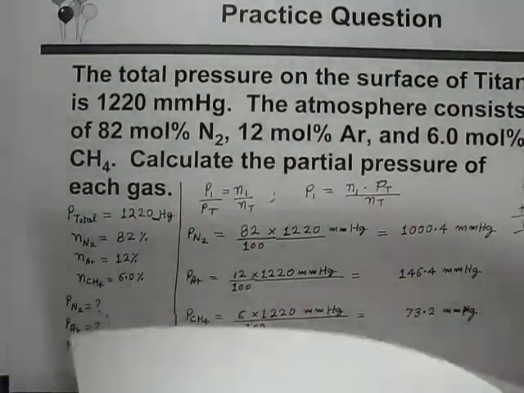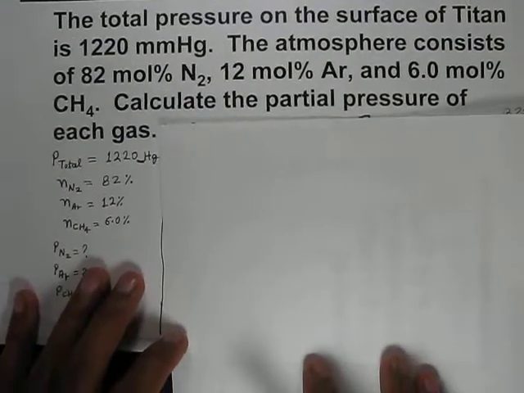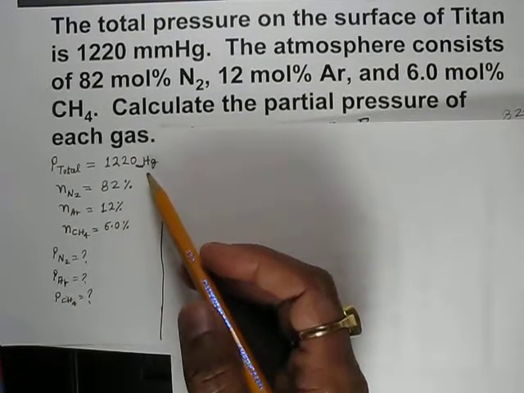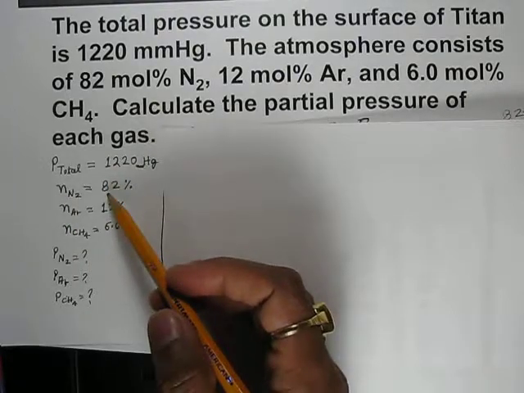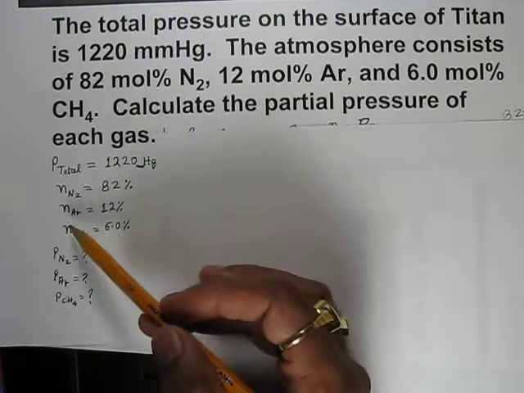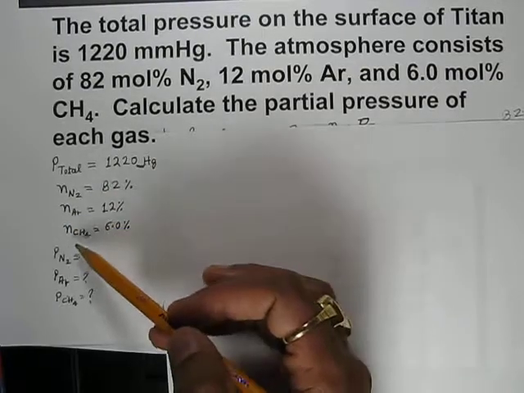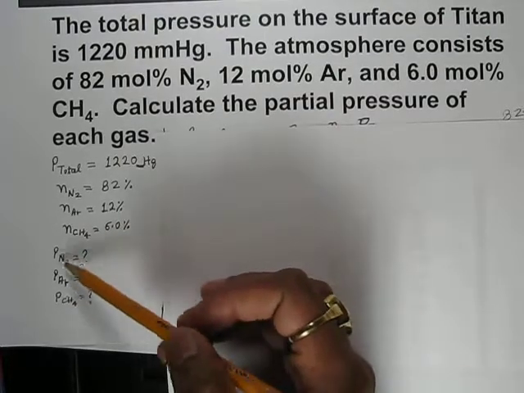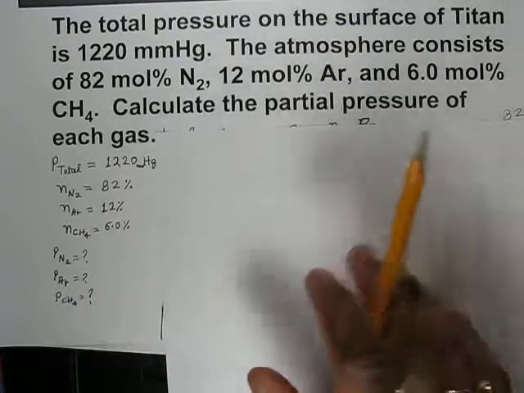So let's see. First we have to write all the information given in the question, like total pressure is equal to 1220 millimeter Hg, and number of moles of nitrogen is 82%, argon is 12%, methane is 6%, and we have to calculate the partial pressure of each one: partial pressure of nitrogen, partial pressure of argon, partial pressure of methane gas.